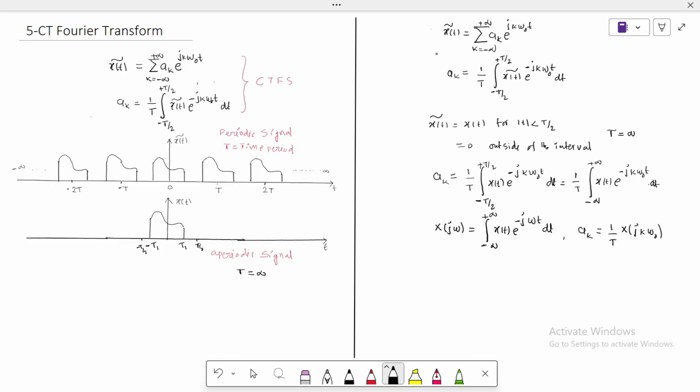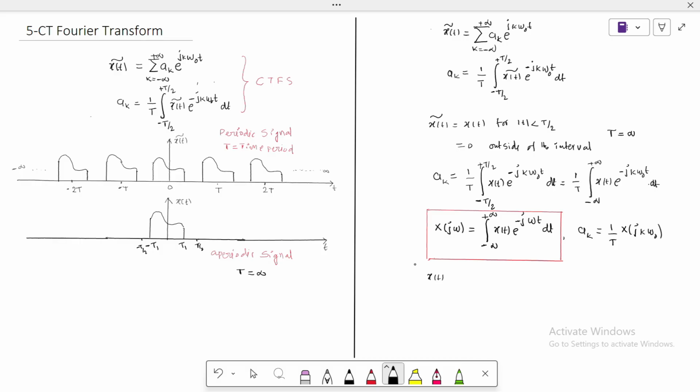Now we want to find x of t. Just substitute this ak value in the equation for x of t.